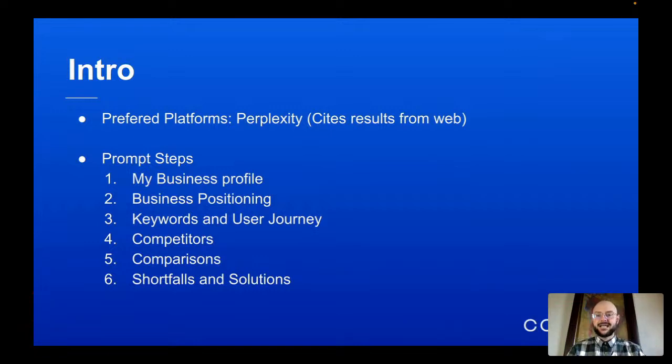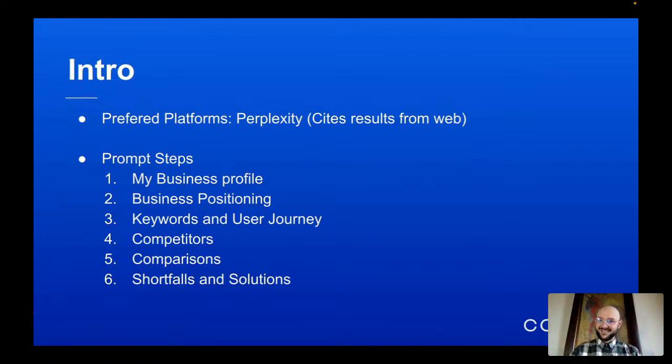Personally, I prefer Perplexity. The reason is, especially when it comes to deep diving into the content that is out there on the web, Perplexity tends to cite the results from the web, which means you can go reference where it gets its information to validate it, especially when it comes to finding your competitors out there.